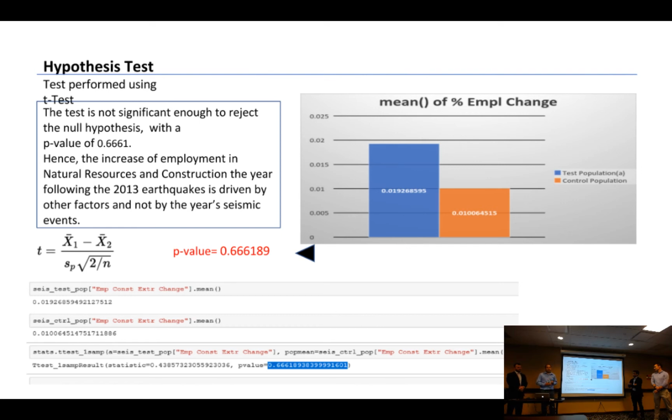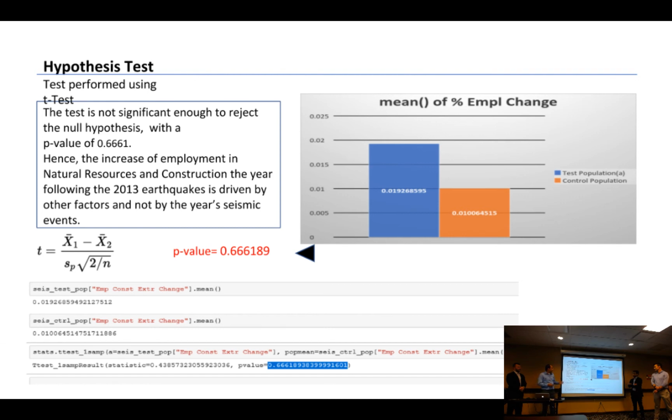Natural resources and construction. But in this case, the earthquake shows that it didn't, which makes sense because we're just looking at light to moderate earthquakes. There's really no significant infrastructure damages, things like that, that may spur employment in the construction industry the following year.